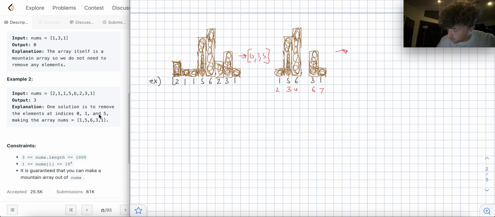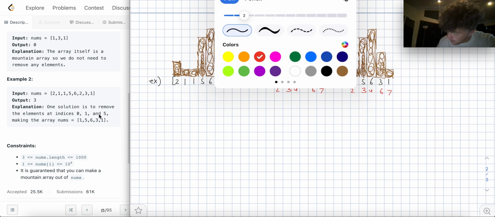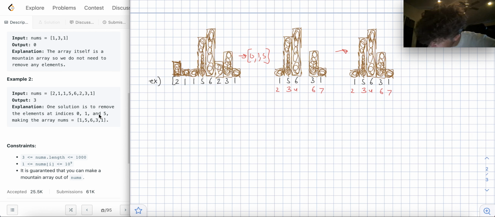And then this resulting array looks like this. And you can tell that obviously this is a hill, right? Because it goes up to this point and then back down. Okay. So there we go. And this is the shortest solution, okay?